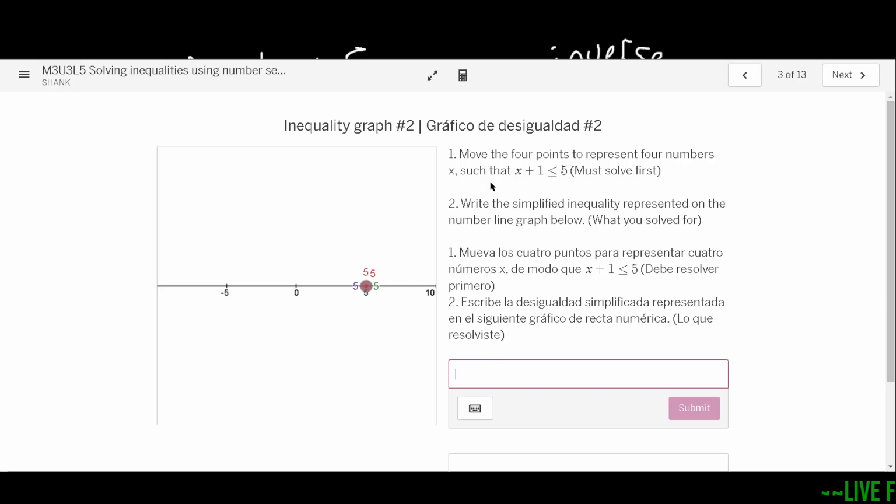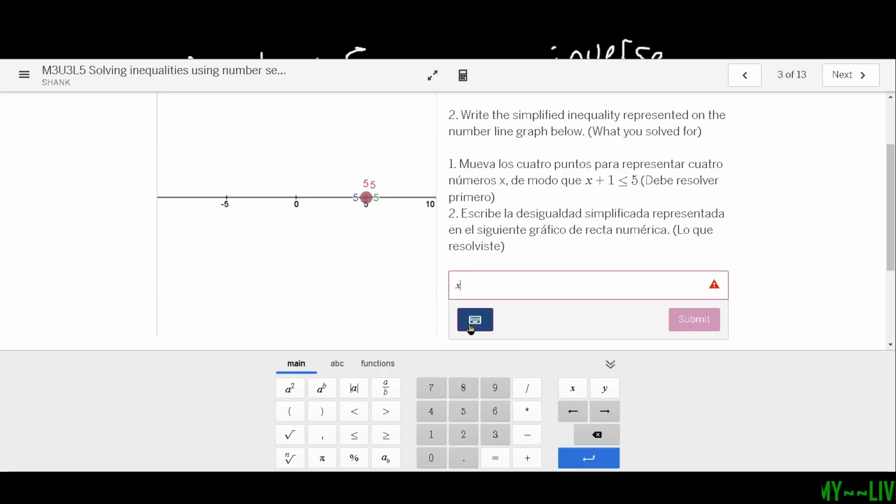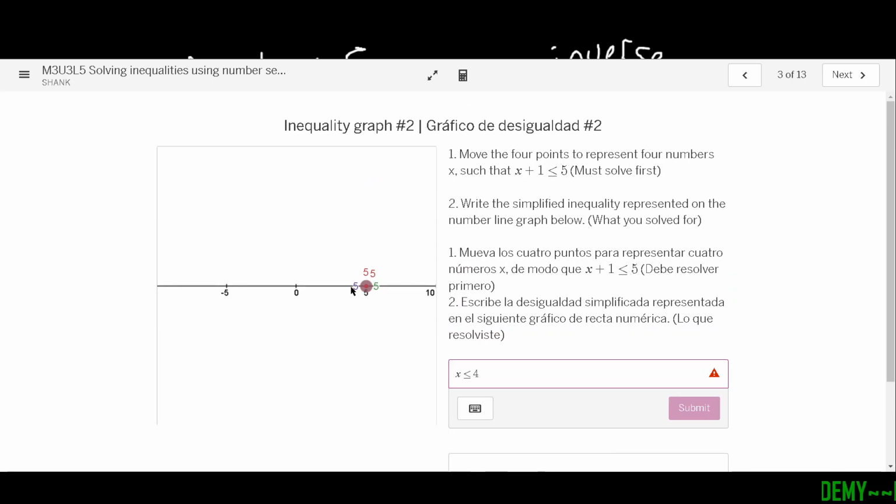So it says something like this. I'm going to say x, and then I can click the little keypad button, and I click the less than or equal to. I'm going to have x less than or equal to 4. And what I have to do now is move these points over here.